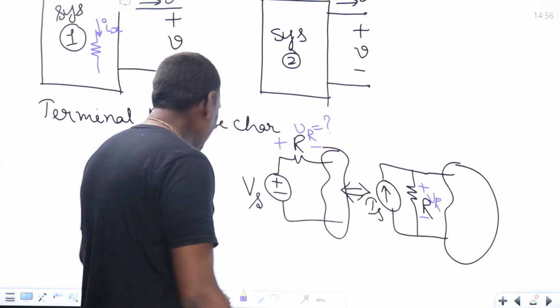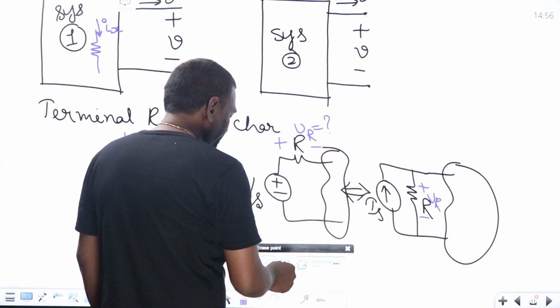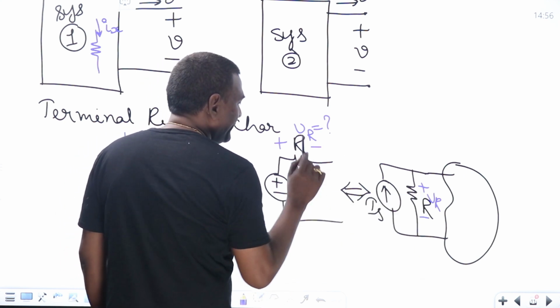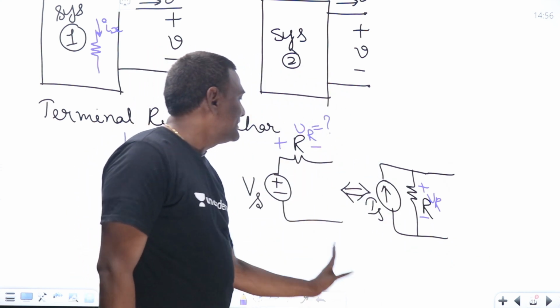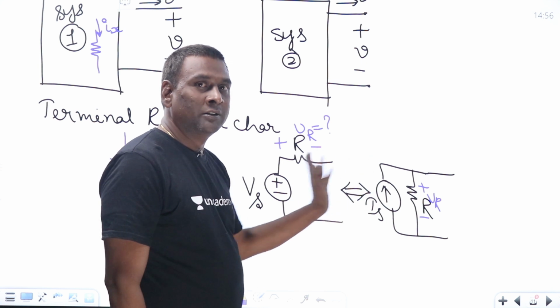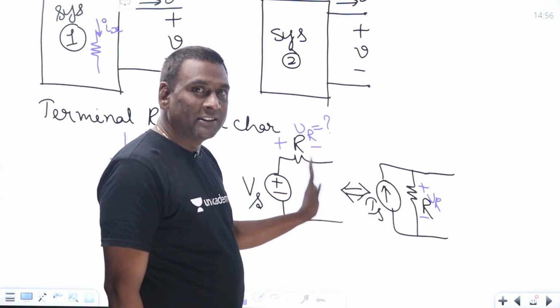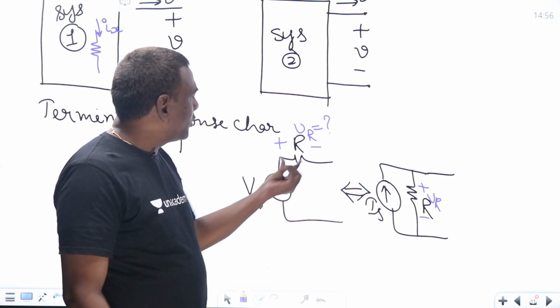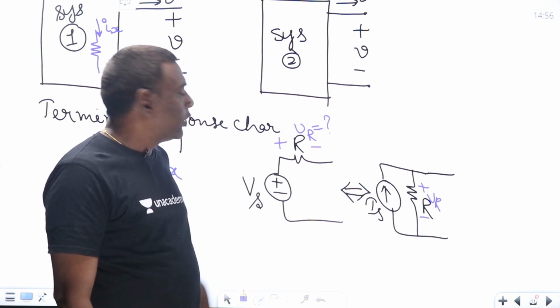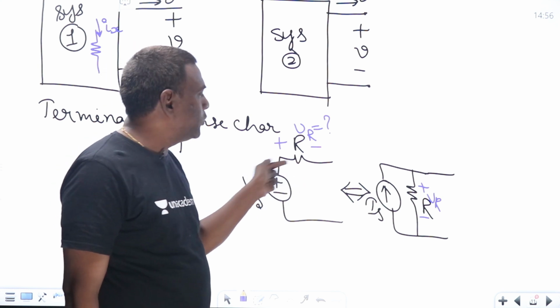See here, for example, if it is open circuited, and this is also open circuited, and then an external system is to be connected, under that condition how much will be the voltage across this? Zero, because no current will flow.